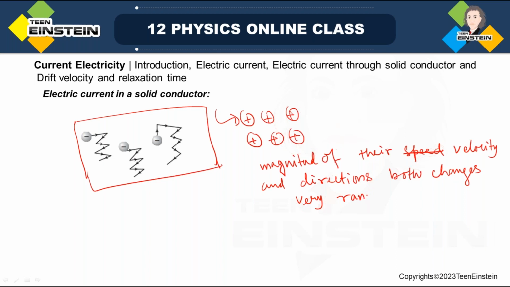Not only the magnitude, not only the direction, both change randomly.